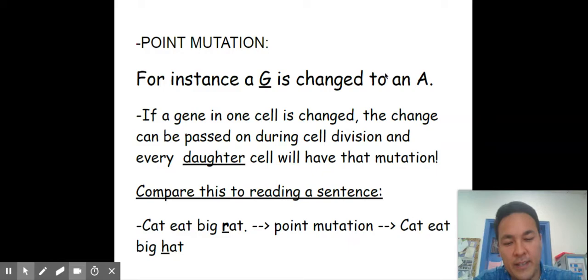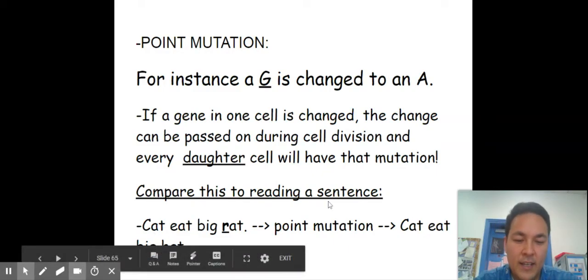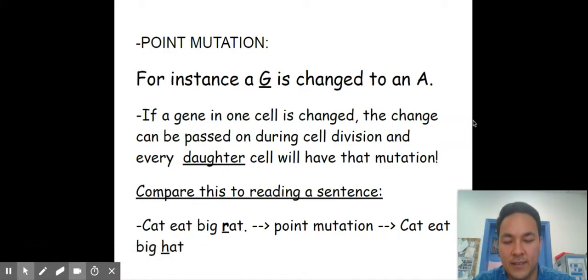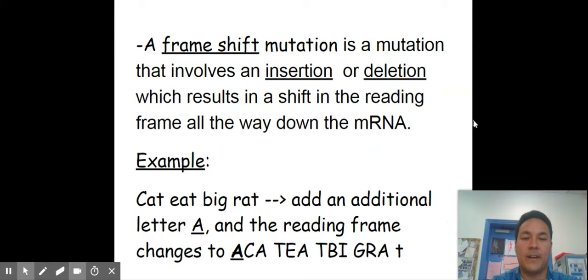So in mutations, I gave you the sentence, the big fat cat ate the rat. Here, cat eat big rat. If you change something, cat eat big hat, you can change the meaning of the sentence. Some mutations are more harmful than others. Some of them, you can still figure out what the original sentence said, and some of them completely change it around. And so a frame shift mutation, what we call an indel for an insertion or deletion, changes the whole thing.